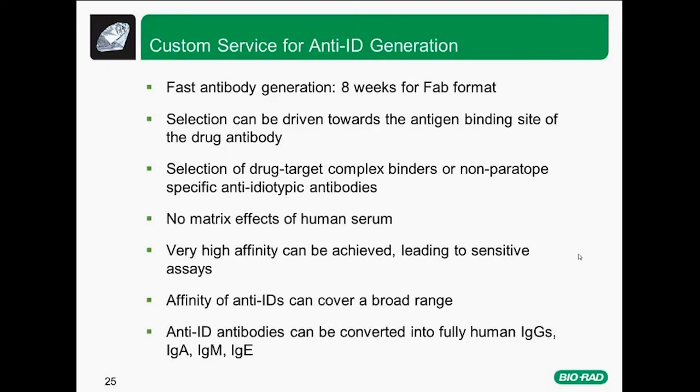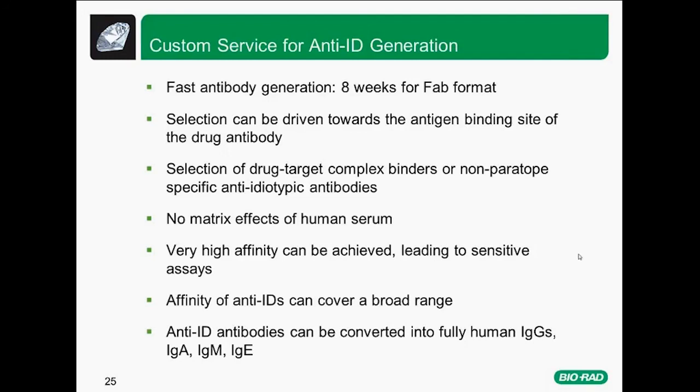We do not have any matrix effects of human serum through addition of human serum during the selection process. As I've shown you, we can achieve very high affinities, leading to sensitive assays. And the affinities of the anti-idiotypic antibodies cover a broad range, which can be useful as reference standards for immune response assays, where the clinical responses vary and may sometimes be of modest affinity. And the anti-idiotypic antibodies can be converted into fully human IgGs, IgA, IgM, and IgE.